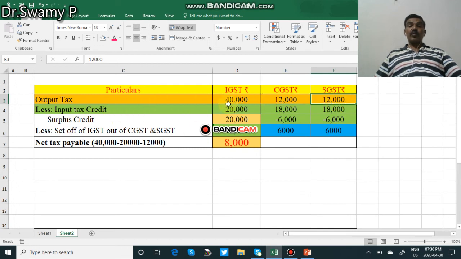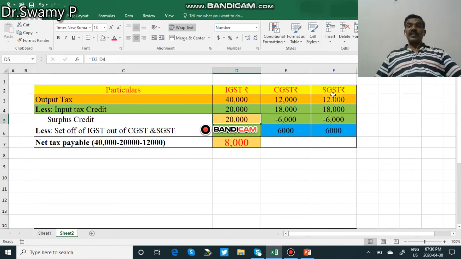Then out of this output tax, that means the tax collected from other recipients, the input tax that Mr. Rakesh has paid will be deducted: 20,000, 18,000, 18,000. These are the taxes he has paid earlier. And out of the IGST output tax, input tax paid is only 20,000. That means if there are no other transactions, he has to pay to the government 20,000 rupees as tax liability. But this is not the case. Here there is a surplus.